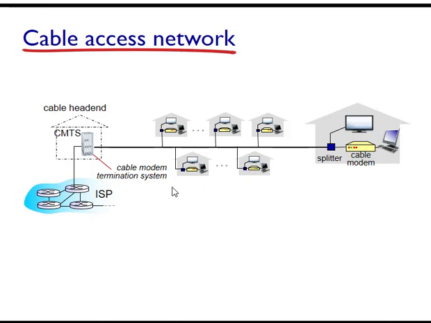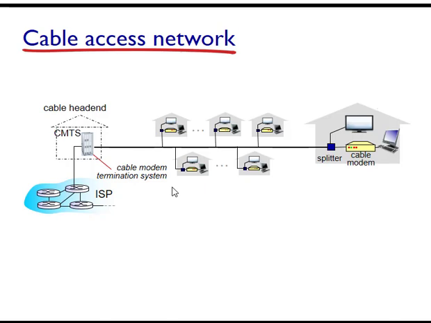We have just learned about 3 broad classes of multiple access protocols: channel partitioning protocols, random access protocols, and taking turns protocols. A cable access network will make an excellent case study here because we'll find aspects of each of these 3 classes of multiple access protocols with the cable access network.